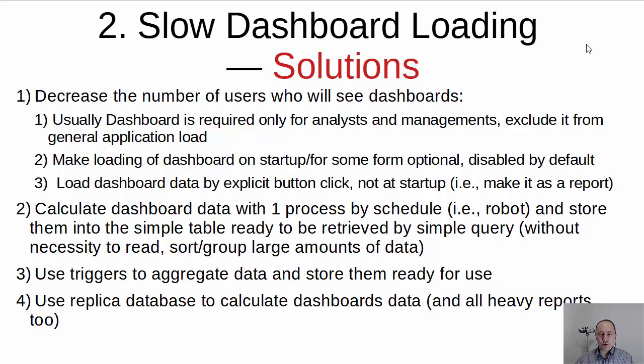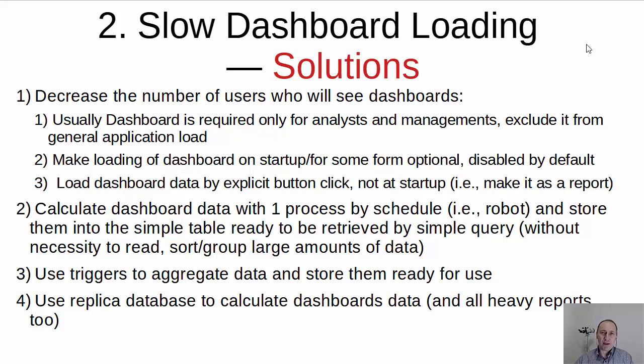A very easy approach is to calculate the dashboard numbers using one process, like a robot, for example, which will do it once on some schedule, like 1 minute or 5 minutes, and store it into some table with the latest data. From this data, the end user application will read it with a simple select, without performing the huge order by, sort by, group by, and so on.